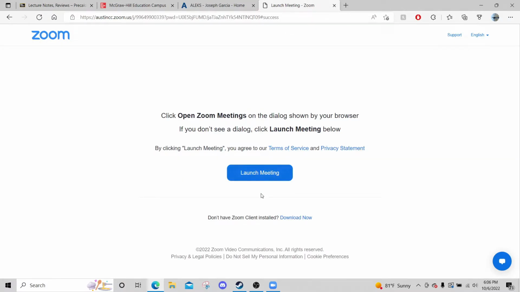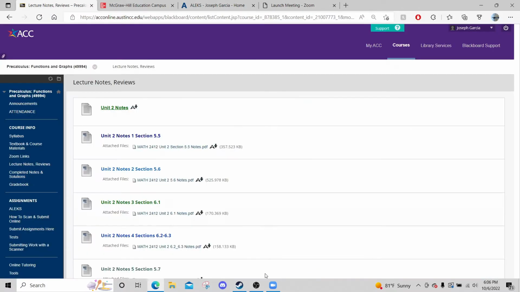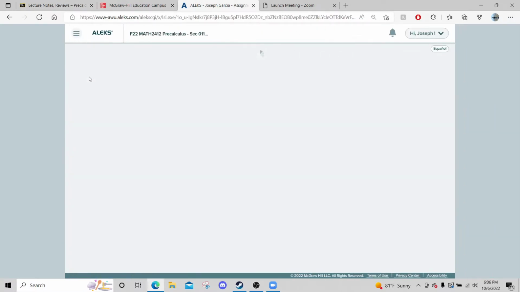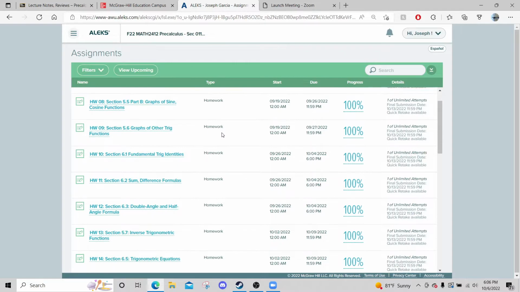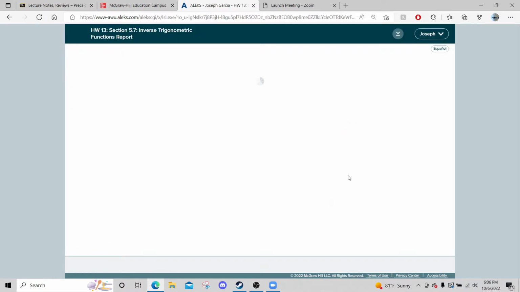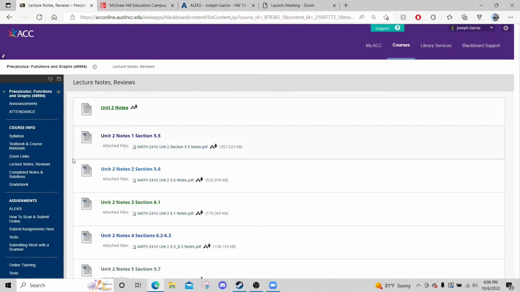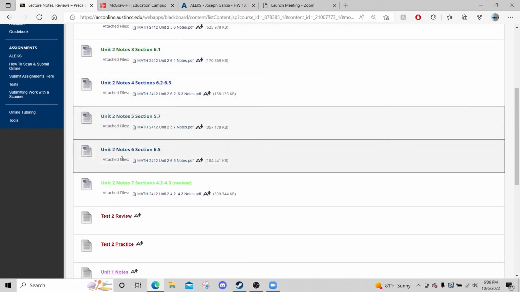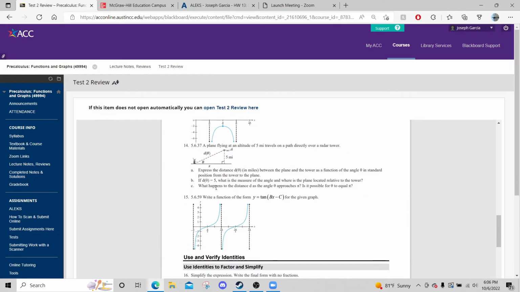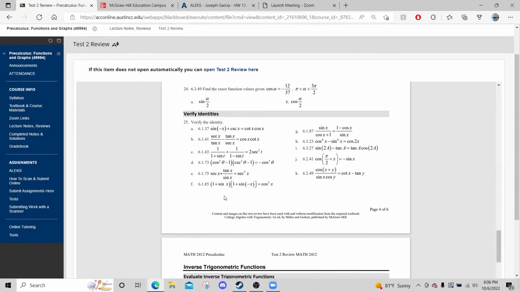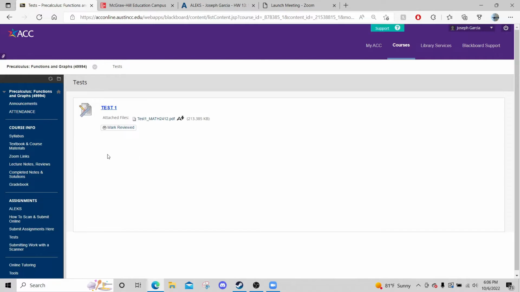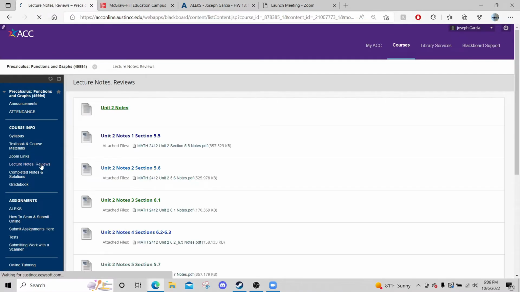It is not on the test. Then we are going to do this test practice on Tuesday. But the review, I will post the solutions tomorrow, because the review has like 30 or 40 problems, all from the textbook, and it's a bit overwhelming. The practice is very similar to your test, and your test has 10 to 15 questions. I don't know exactly, but some of them have A and B.